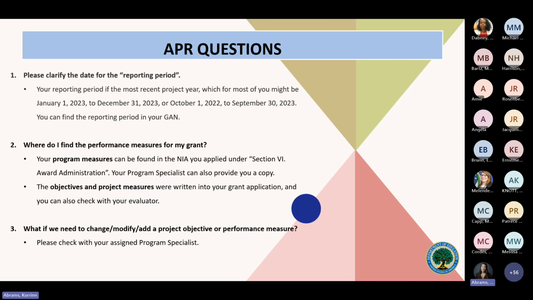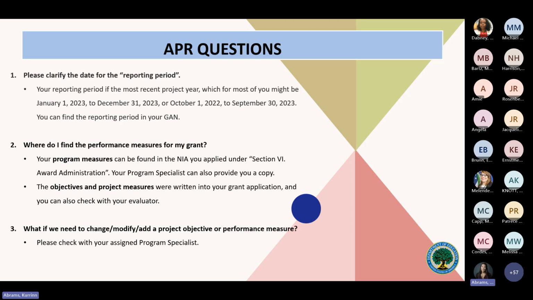And briefly, as I mentioned, I have a couple of submitted questions that I just wanted to go over to give you additional guidance. I know we've talked a little bit about the reporting period, so to clarify, the reporting period that you're reporting on for the APR is your most recent project year, which for most of you might be January 1st, 2023 to December 31st, 2023, or perhaps you were on the October 1st, 2022 to September 30th, 2023 timeline.